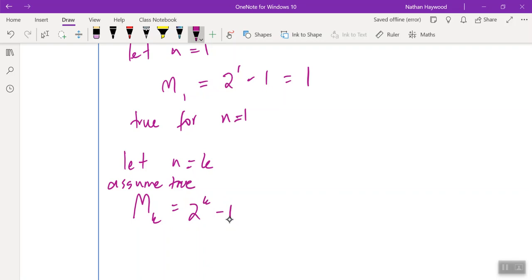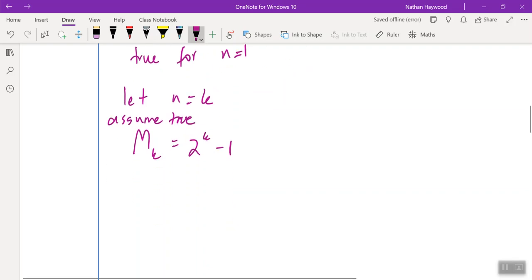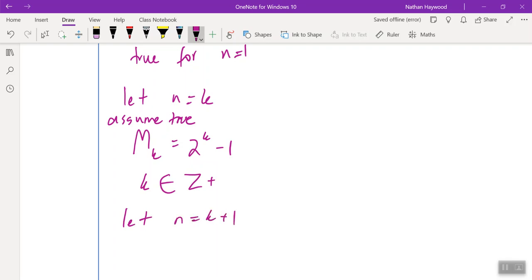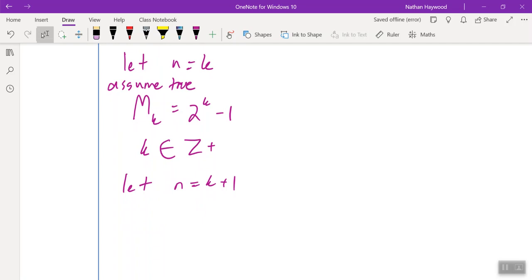Yep. Where n is what? I probably should say k is an element of positive integers. Alright, let n equal k plus 1. Third step, always the tricky step.